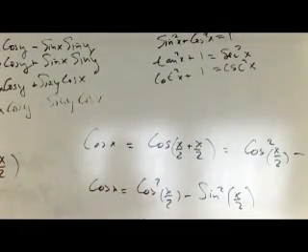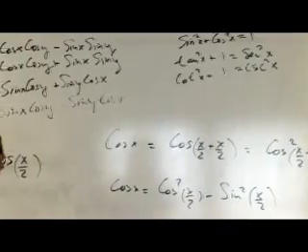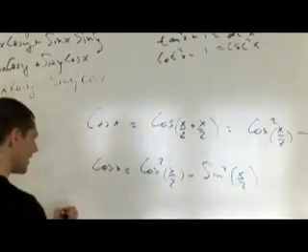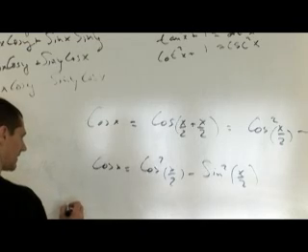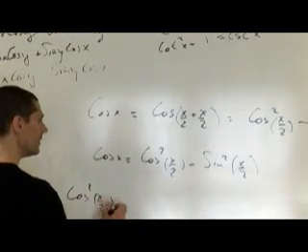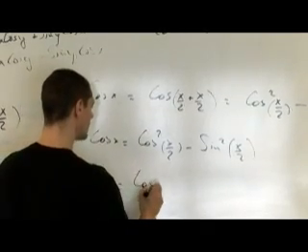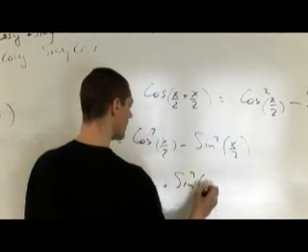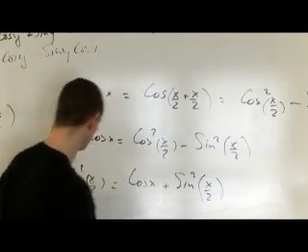Does this give us anything that's going to be helpful? Well, I wanted to figure out cosine of x over 2, so how about we add sine squared to both sides? So it is the case then that cosine squared x over 2 is equal to cosine x plus sine squared x over 2.